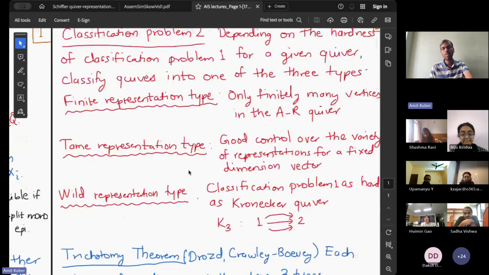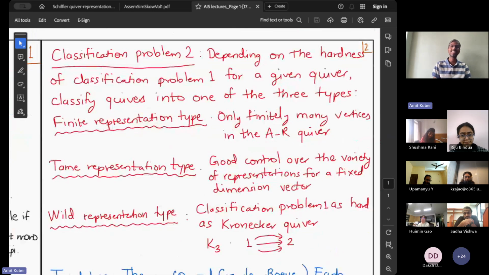Okay, so now here is the next classification problem. We dare to ask this. We had a classification problem for the category of representations. Now, how hard is it? If it is very, very easy, then you call the algebra a finite representation type algebra. If it is moderately easy, then we call it tame. We are treating algebras, quivers, as animals.